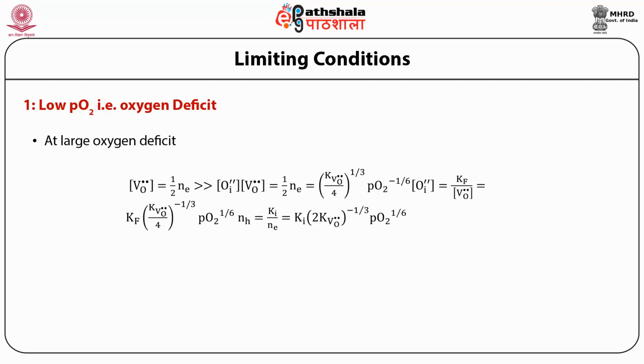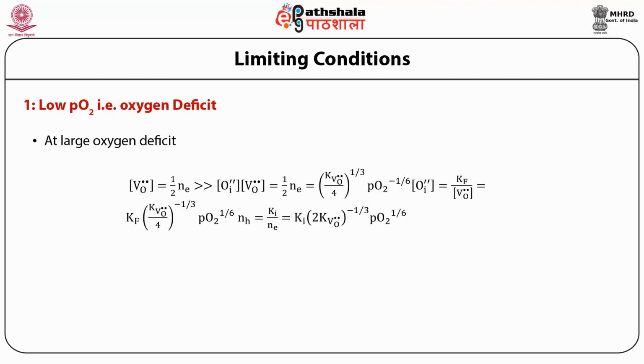Substituting the value of Kf, we get the concentration of OI double prime, which is Kf upon VO double dot concentration, which is equal to Kf times K of VO double dot by 4 to power minus 1 by 3 times PO2 to power 1 by 6.